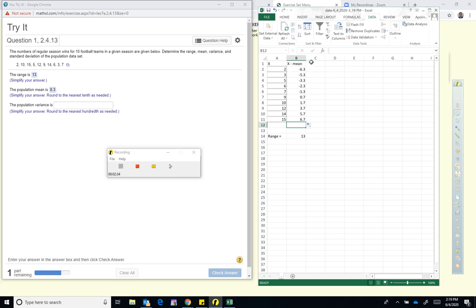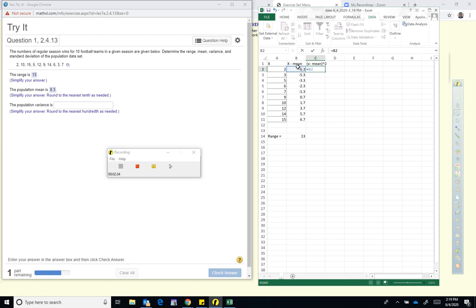Now I want to add another column. In this column, we are going to raise to the second power the previous value. So it's going to be the X minus the mean raised to the power 2. So let's do it. So this is equals to, this is the value of 10 when you subtract the mean from the X value.